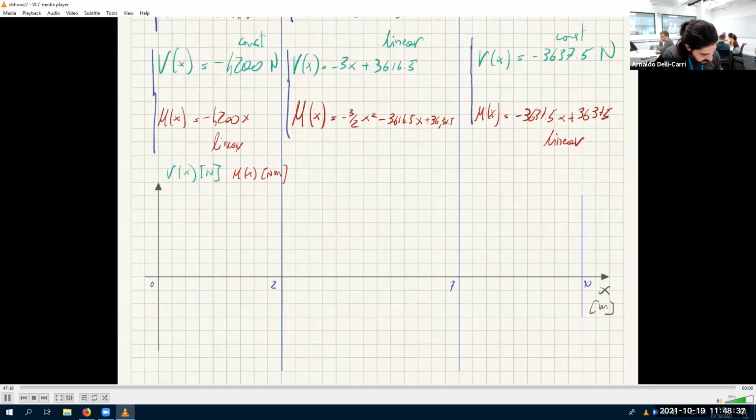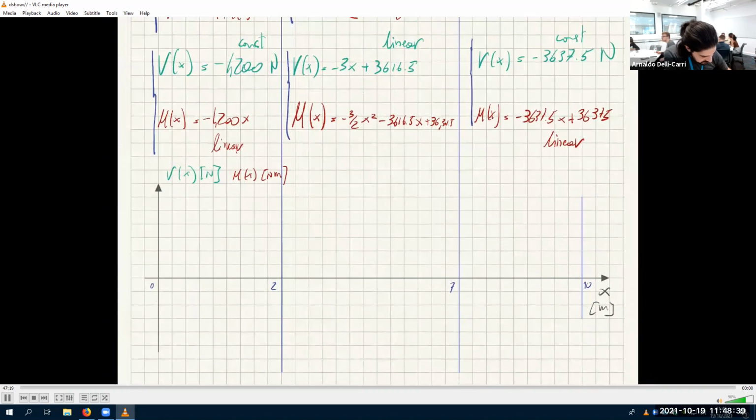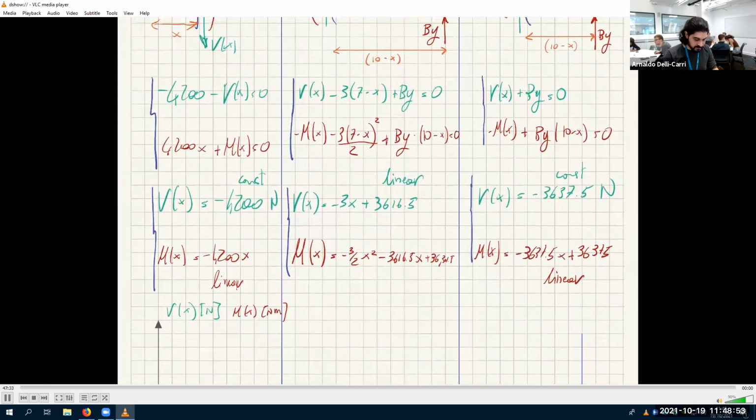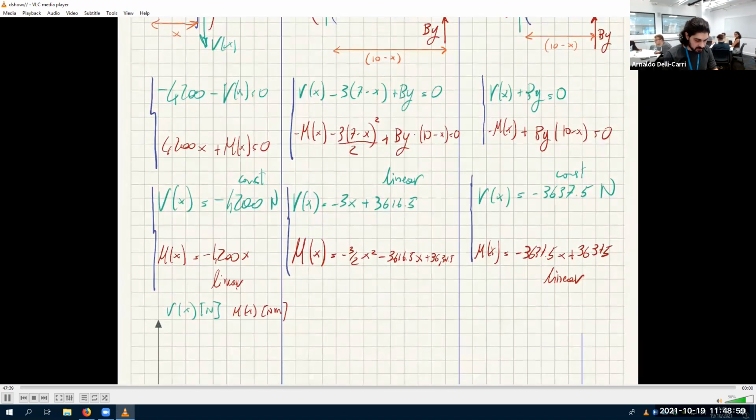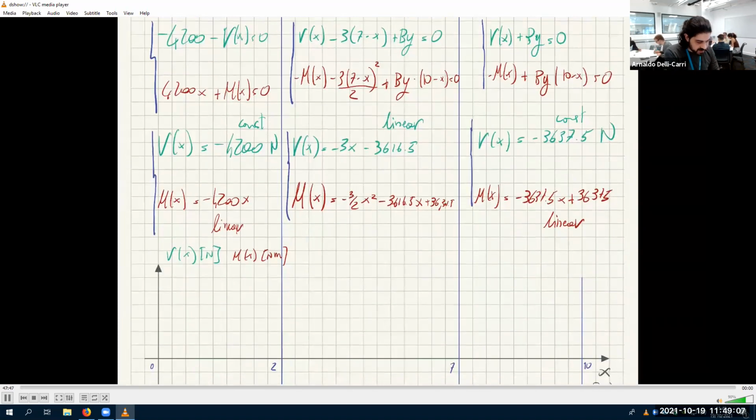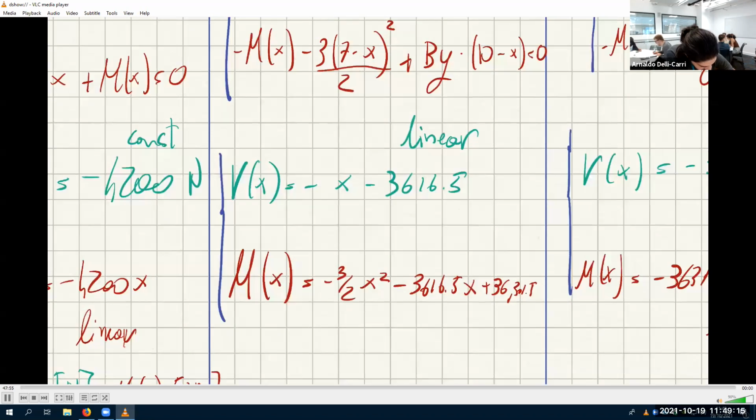And now let's say v of x is minus 4,200 constant, so it goes here. And this is minus 4,200. Then we have, this is a line, so we want v of 2 and v of 7. This should be negative as well. Yes, because otherwise this is not the derivative. So minus 3 times 2 is minus 6,000. Guys, help me out, because we have to use the correct units.